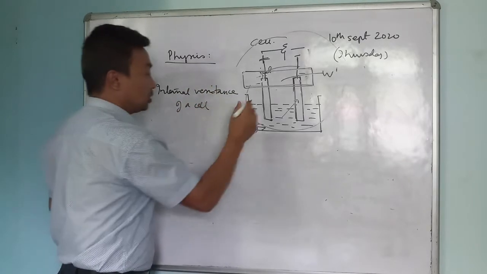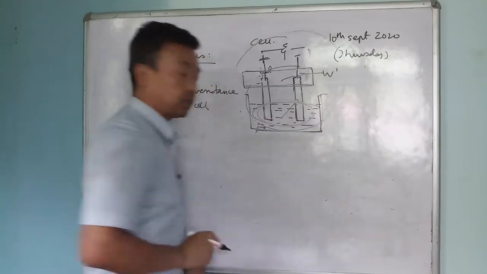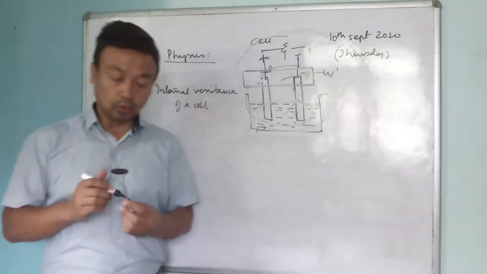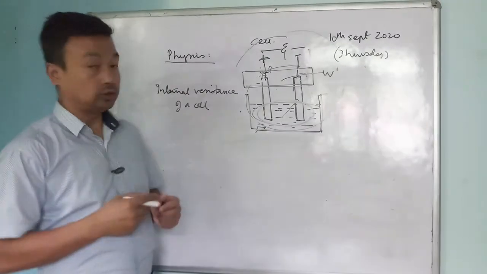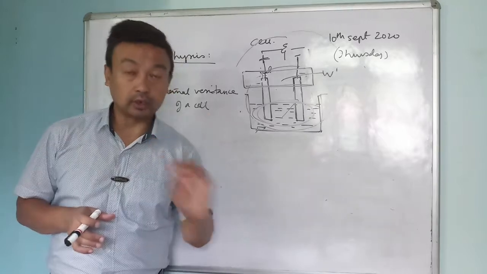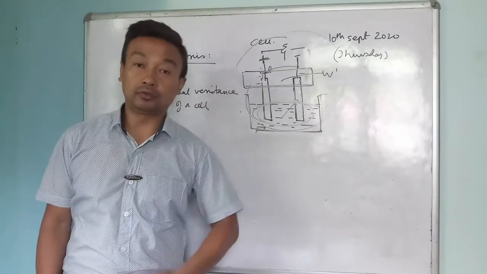So when you talk of the internal, you talk of this electrolyte that is there inside the vessel of a cell. So what is this internal resistance? All of you know that the resistance is the obstruction offered to the flow of the current in a conductor. So here also you have the similar definition.